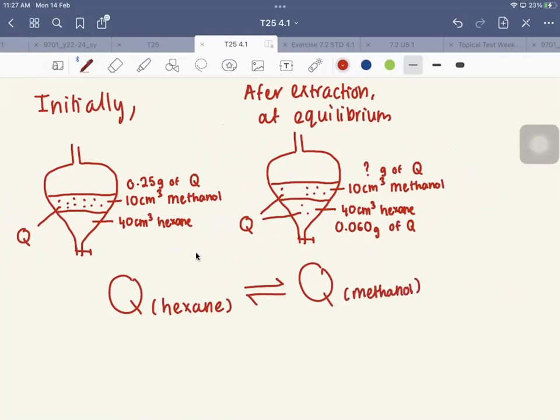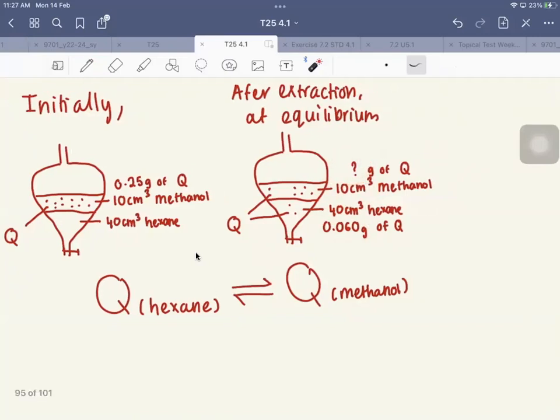So I already know the volume and the mass of my Q in hexane, so I can find the concentration from there. I also know the volume of the methanol, but I don't know the amount of Q in methanol. I don't know the mass of Q in methanol.